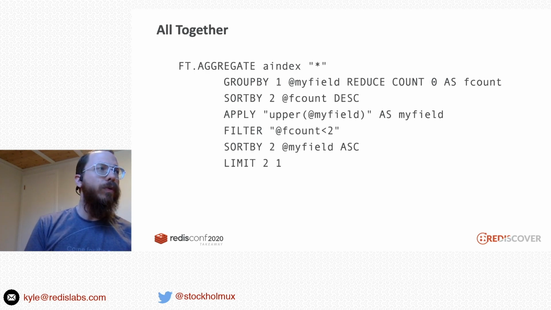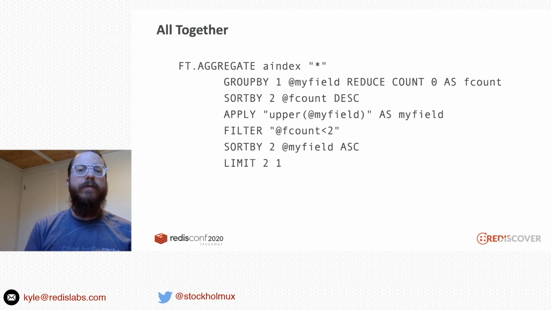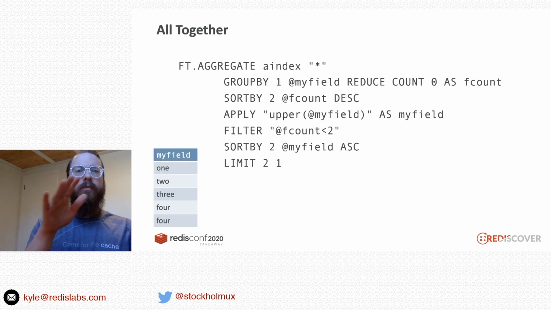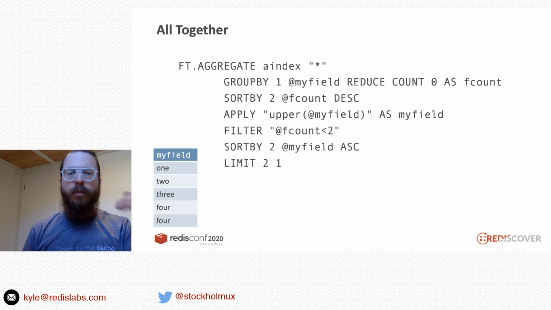But to review, basically what we're doing here is we've taken my field, and then we have taken all these values, and then we have applied the group by, sorted it, applied the expression, we filtered it, we sorted it again, and then we've limited it.